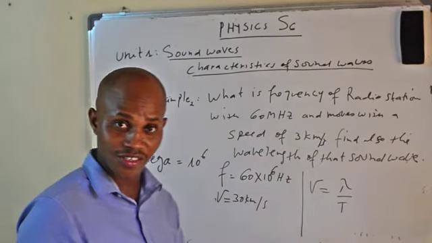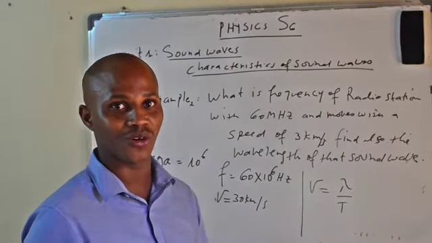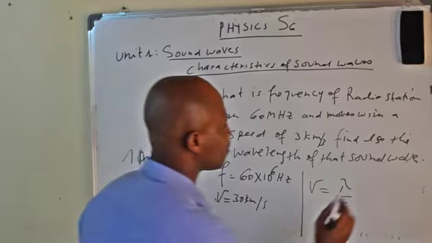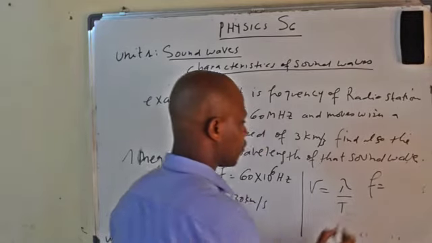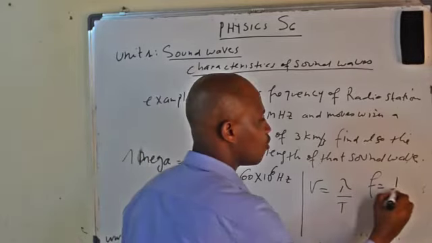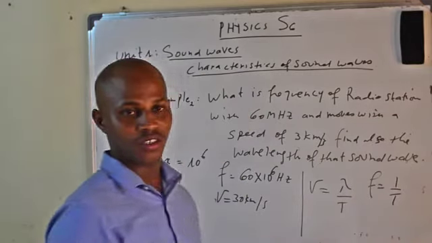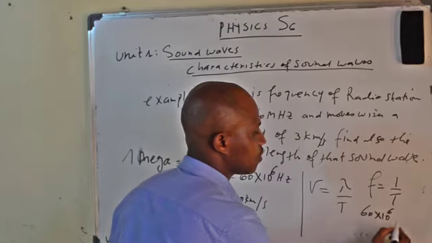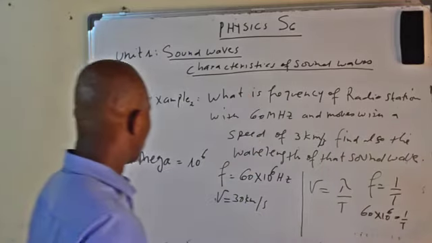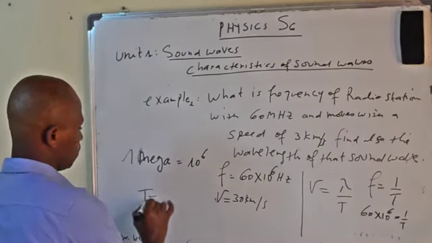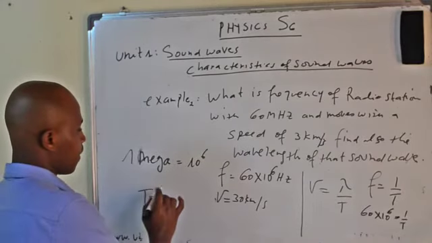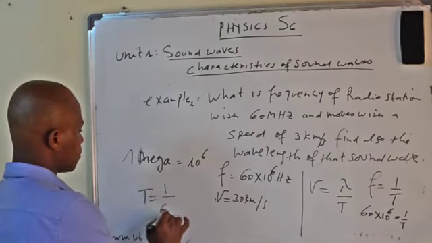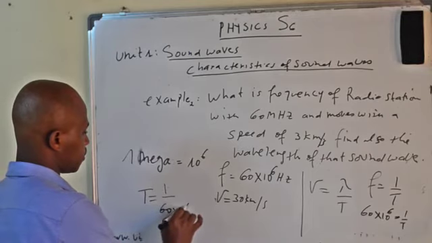But very easy and very interesting because the frequency is equal to 1 over period. So we have 60 times 10 to the power 6, which is equal to 1 over period. To mean the period will be equal to 1 over 60 times 10 to the power 6.